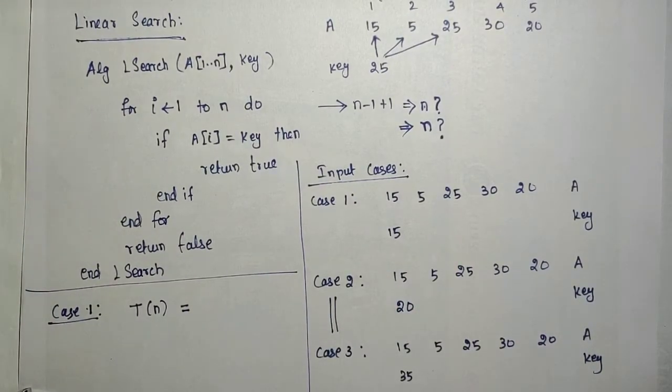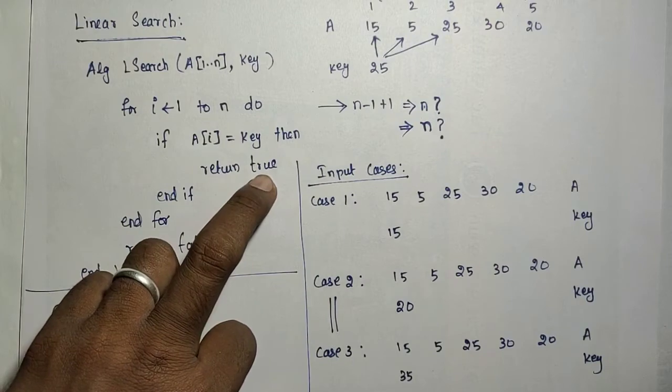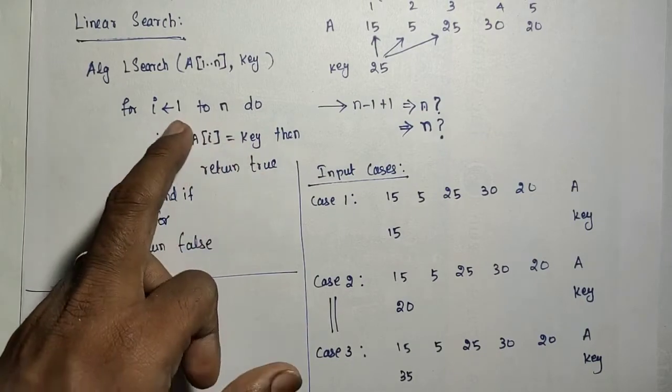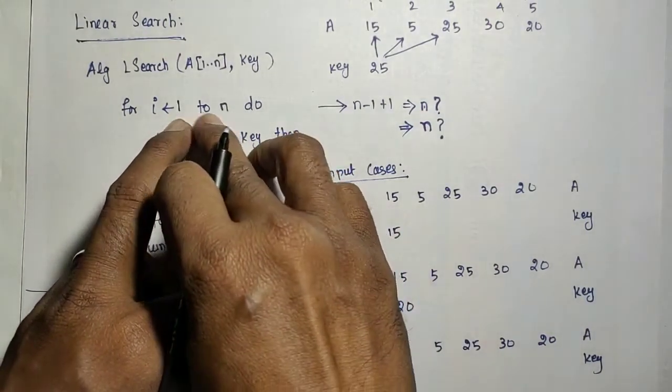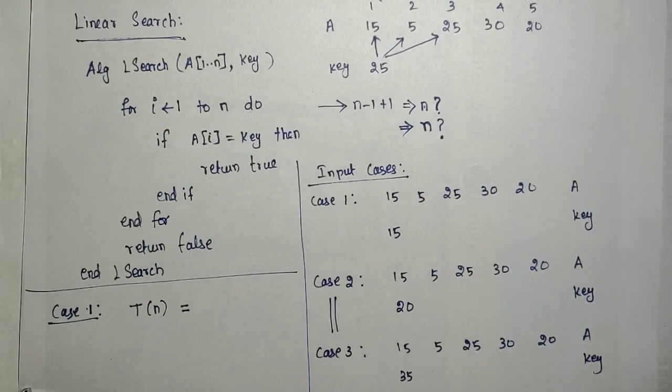Even if you increase n to 1000, 10,000, 50,000, if the key is present at the 0th position, in the first iteration itself it will return true. It means the loop will not get completely executed. The loop will be executed only one time, and by then the algorithm itself will get terminated.